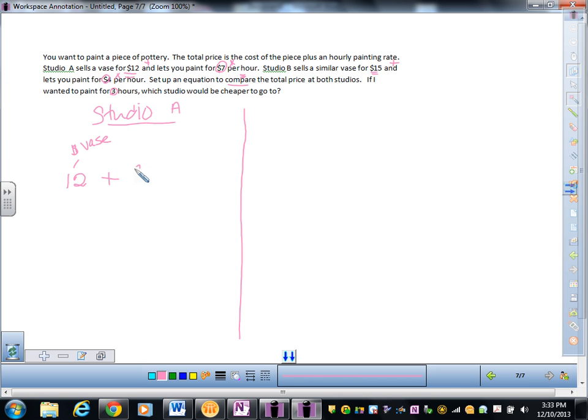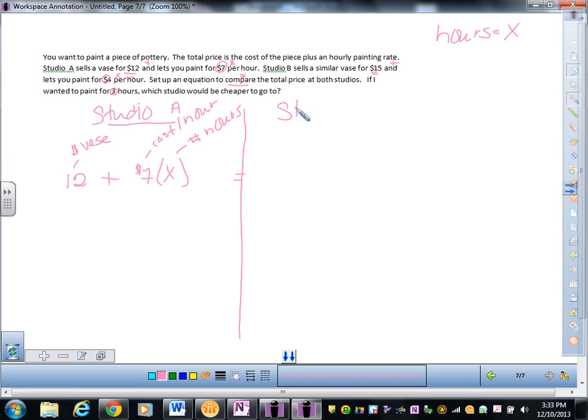$7 per, so I'm going to multiply hour. And I don't know how many hours, so I'm going to use X for hours. So 7 times X. And 7 is cost, and that is number of hours. Cost per hour.